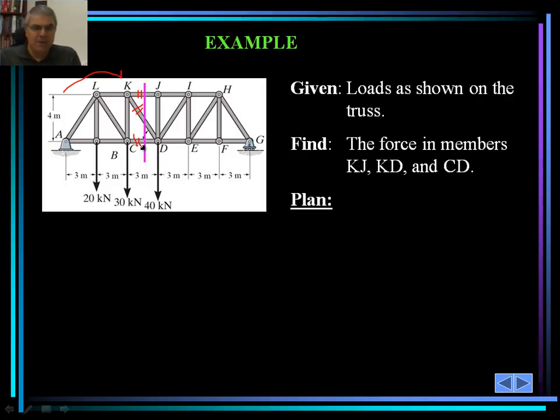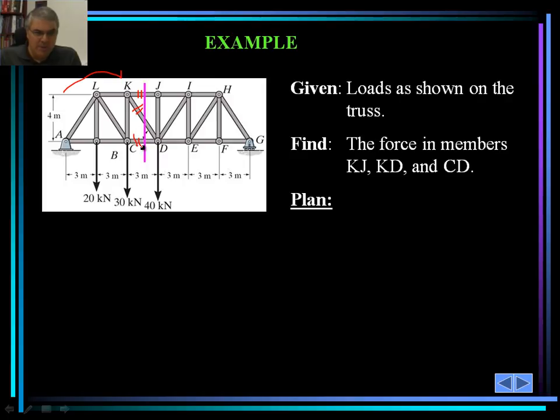So in such a case, first we need to determine what method to use. It makes sense here, since we are looking for forces in 3 of the members only. It makes sense to try to solve the forces by using method of sections, by making a cut through a section and actually looking at that.